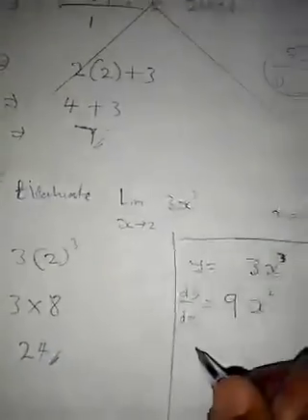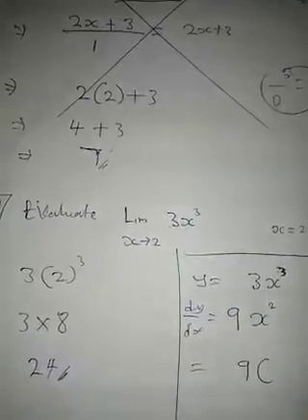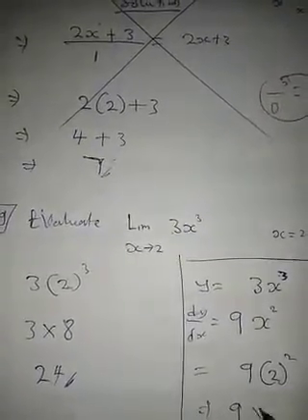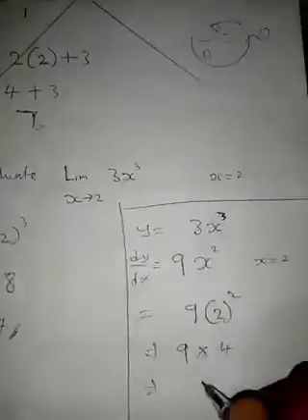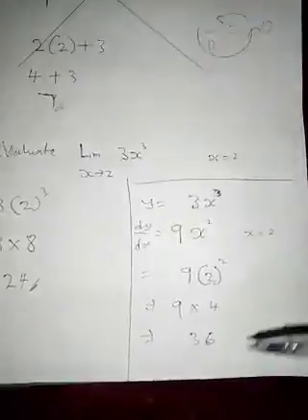So if I now use x equal to 2 and substitute directly, let's look at what we have. We'll be having 9 into bracket 2 to the power of 2, so we're having 9 times 4, and you see that this will give us 36. So this is wrong.